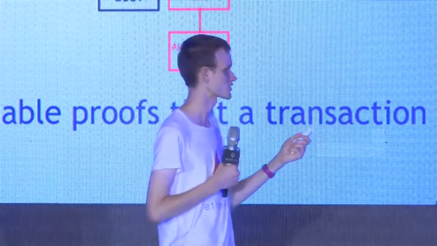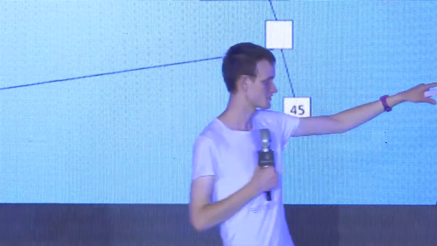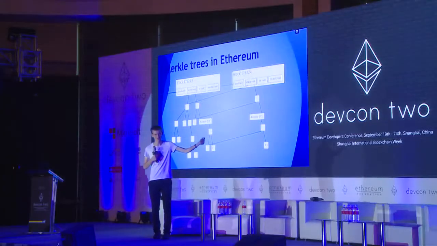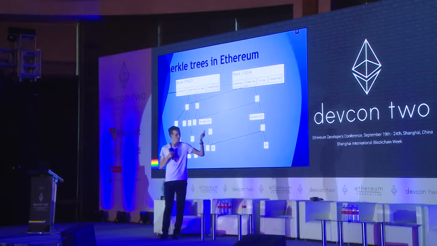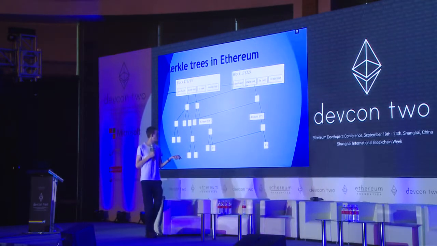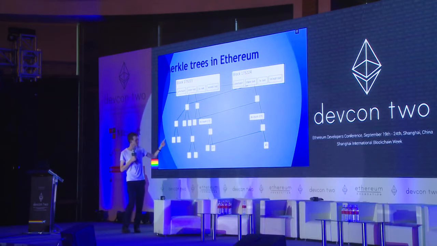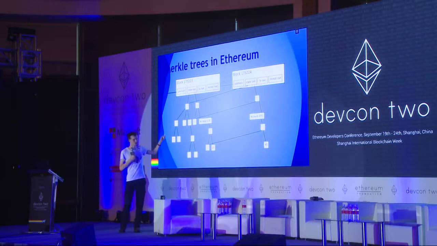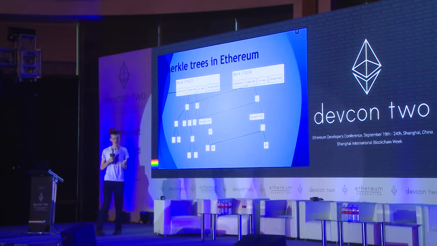You store the pieces of data at the bottom, then you have hashes of those, and hashes of hashes, and hashes of hashes. The end result is, if all I care about is, say, this particular key of this particular account, 175, then you don't actually have to download the entire blockchain yourself.